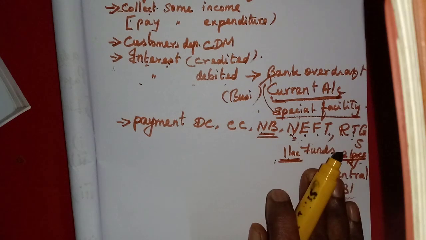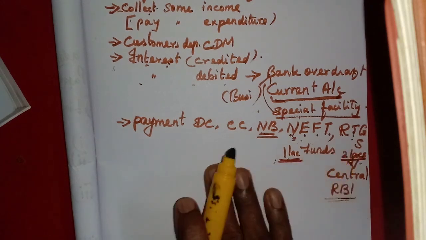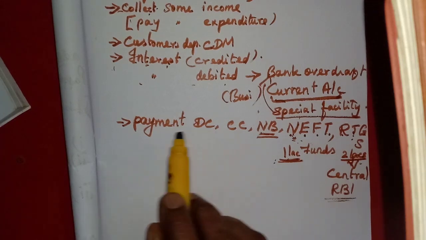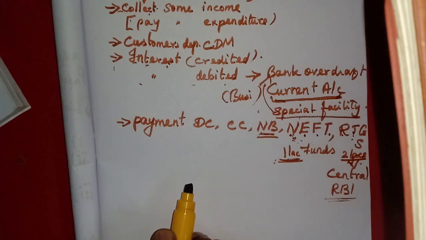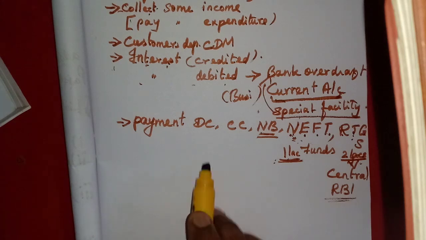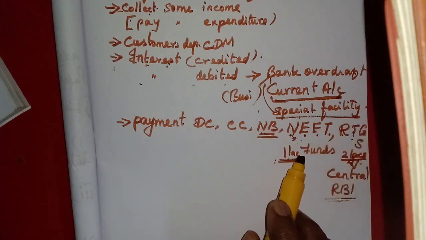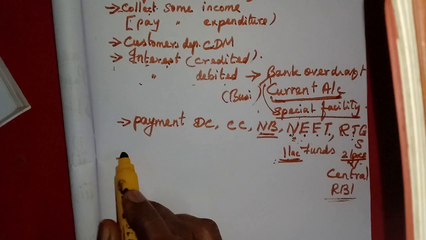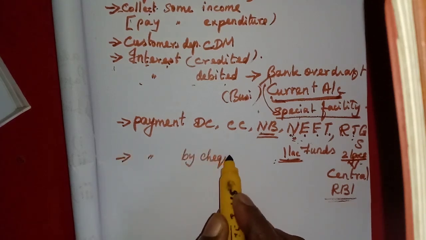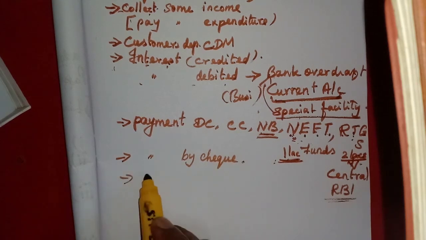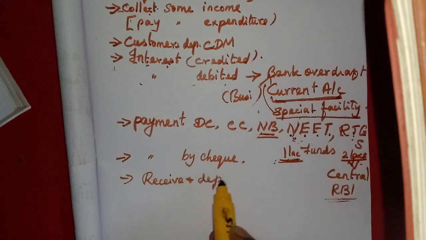All this information I have told you just for your information; no need to learn this. But through this also we make payments. All these come under bank transactions. So you know about the debit card and credit card now; these two I have explained to you. Then we may make payment by ordinary check, or we may receive a check, and we will deposit that check into the bank.